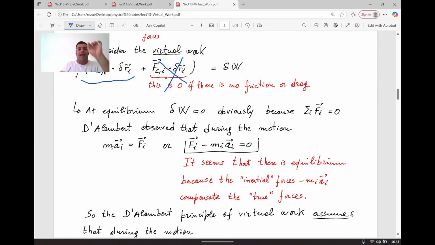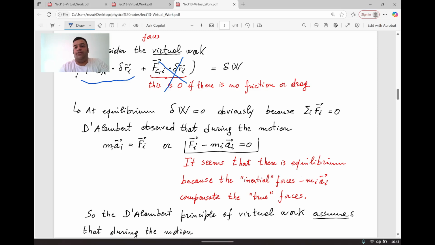You know, in every acceleration you have an inertial force exactly on the opposite side. The idea is this: when you take a snapshot at any time, it is exactly in the same position, and the force is exactly that force, but in the opposite direction.